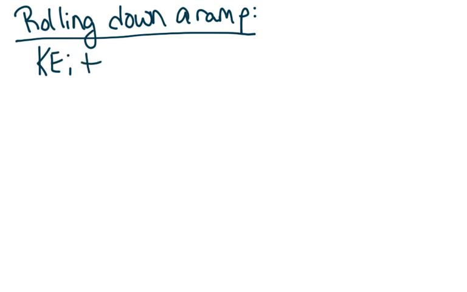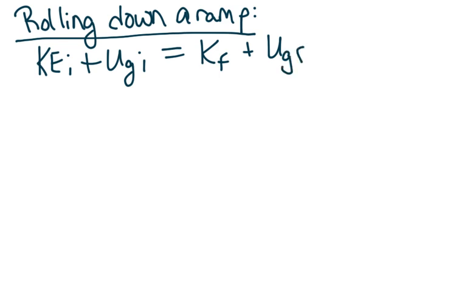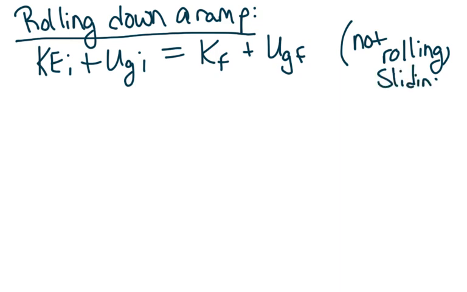So whatever my initial kinetic energy plus my initial gravitational potential energy is has to equal my final kinetic energy plus my final gravitational potential energy. So this is if you had something that's not rolling, okay? So sliding. And the difference between that is that you have something that is just sliding down under the influence of gravity.